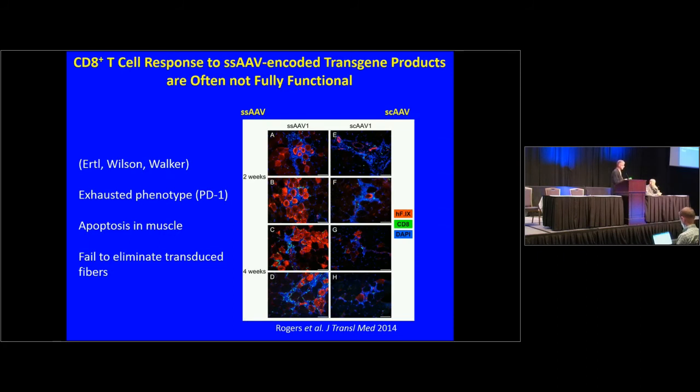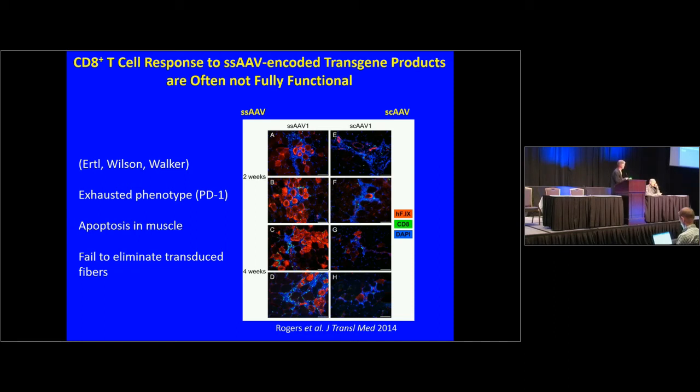Work from a number of laboratories has shown, though, that when you're doing this kind of muscle gene transfer using the conventional single-stranded AAV vectors, the T cells infiltrate and they cause inflammation, but they're not fully functional. They tend to not ever eliminate transgene expression in your muscle.